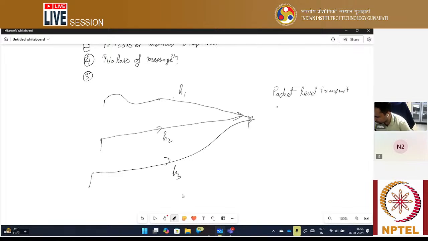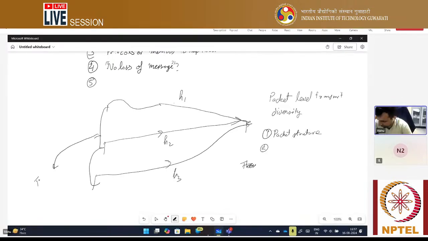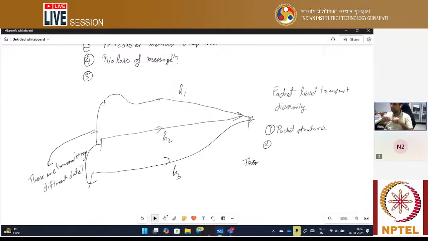So these are transmitting different data. Is it so that these antennas or these transmitters are transmitting independent data?